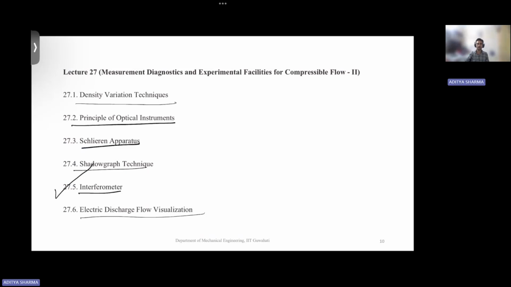So your shift in the fringes can be recorded by taking photographs with and without the flow. Okay. And it is then correlated to the equivalent change in the optical path and subsequently to the change in density. So this is your interferometer. Then in the same way, electric discharge flow visualization is there for your compressible flows.